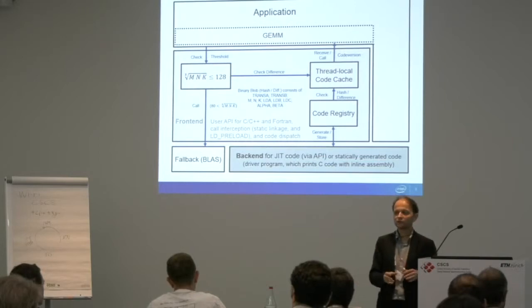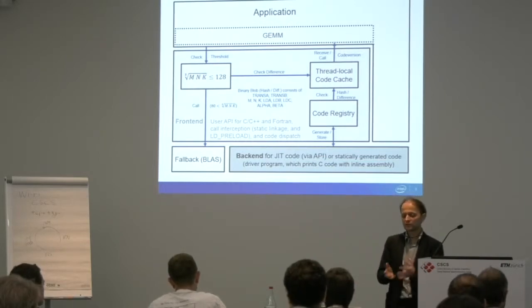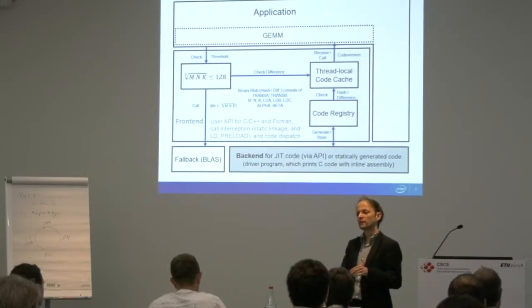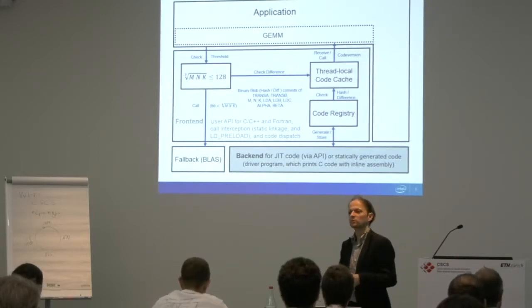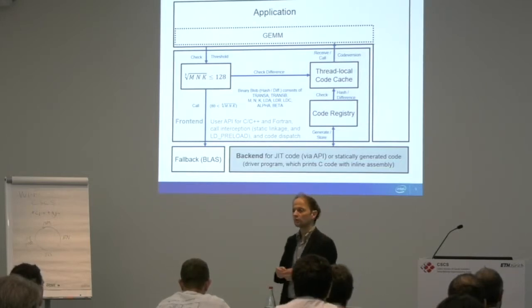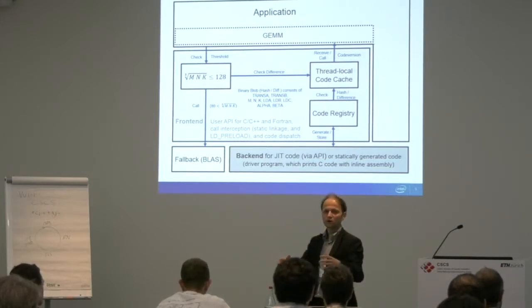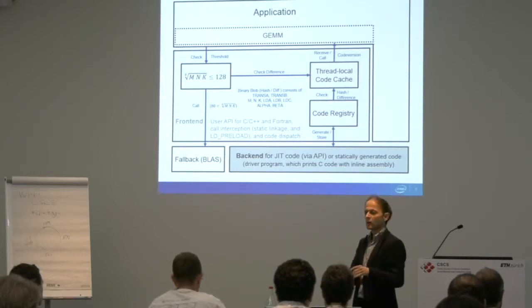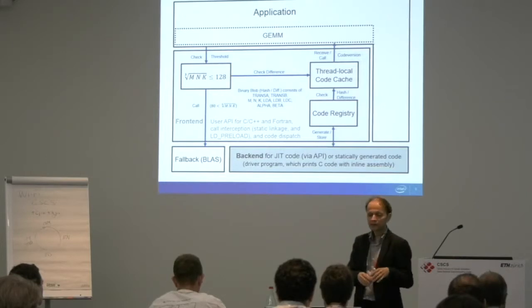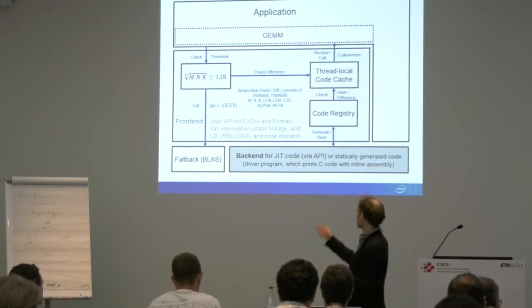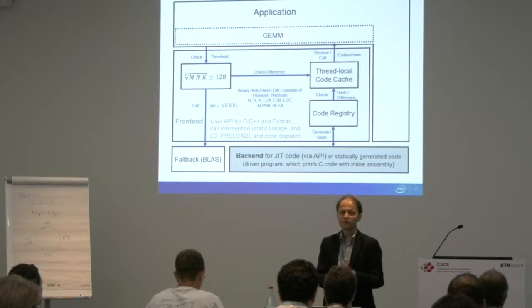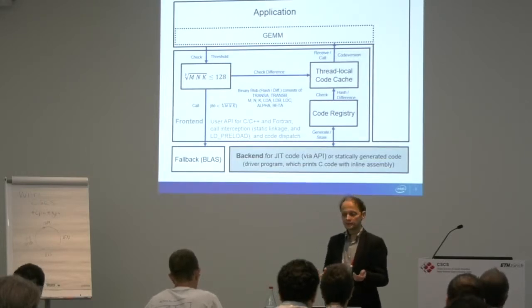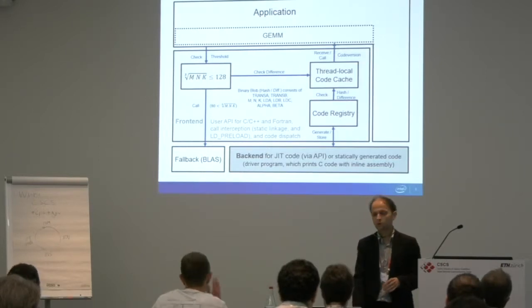In any case, if it is not found in the thread local cache, you would receive it from the code registry. And this is all tuned to be thread safe, as well as fast as possible, to not use any locks, right? You don't want to lock a global lock the whole code registry, then look into it and things like this. And it also deals with things like generating the code on demand, right? If the outcome of that query is there is no JIT code at this point, we just generate it, and we will look into the details on how long that would take.